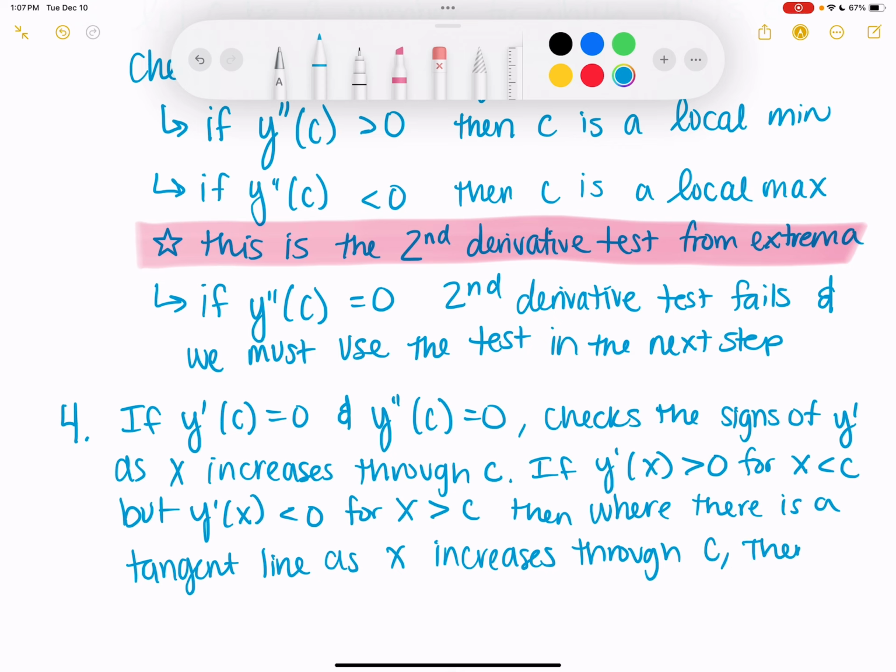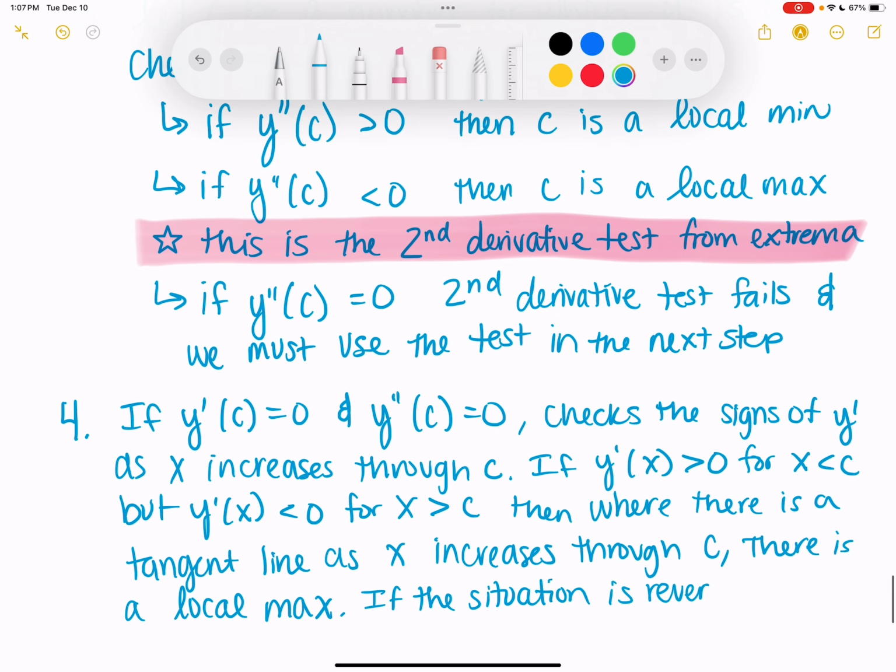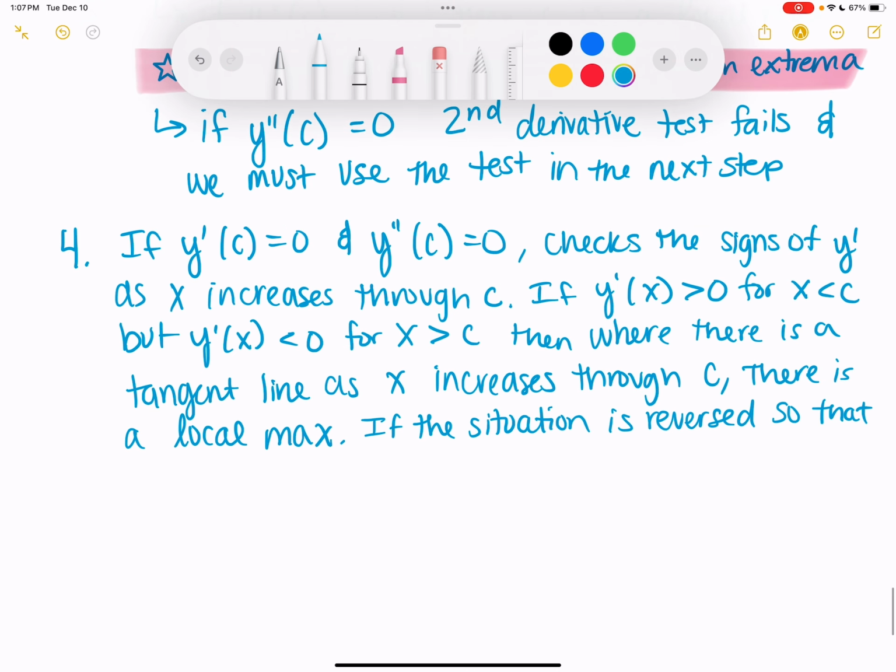If the situation is reversed, so that y prime changes from negative to positive as x increases through c, then c is a local min.